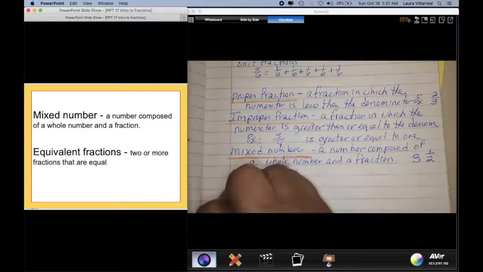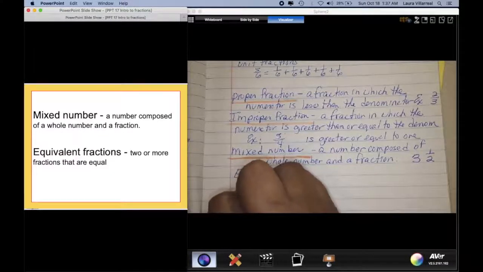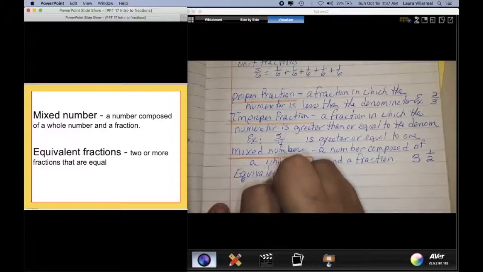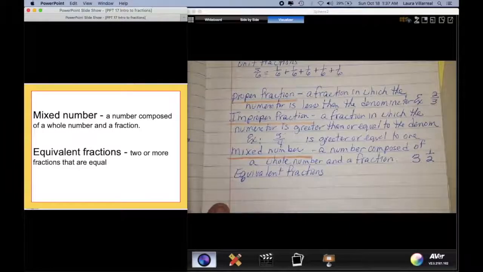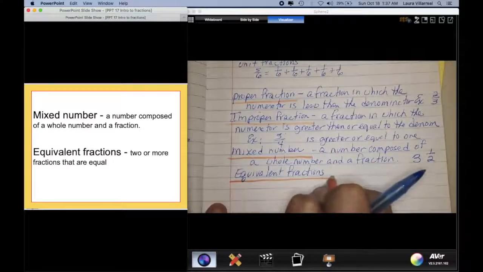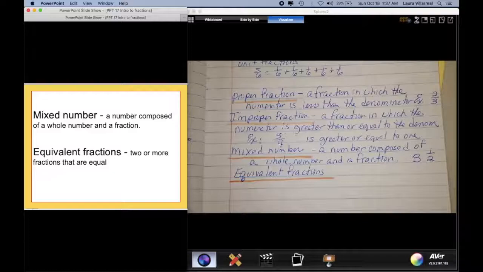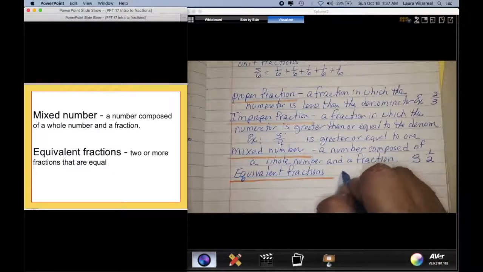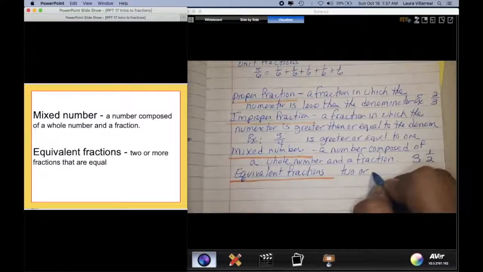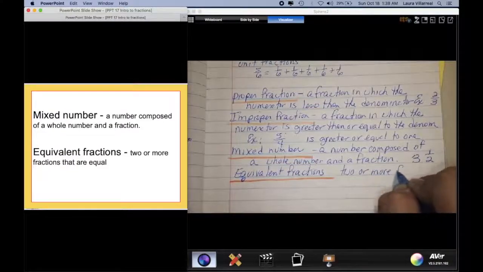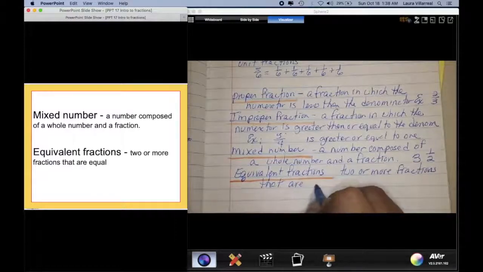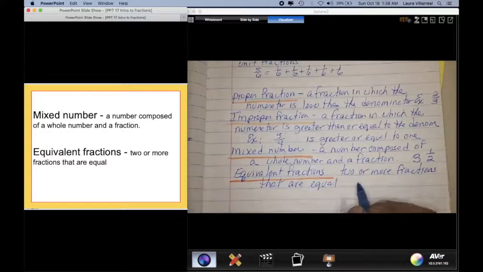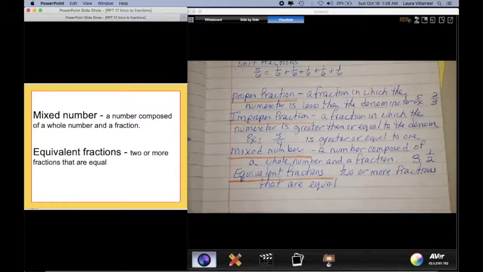Equivalent fractions: two or more fractions that are equal.